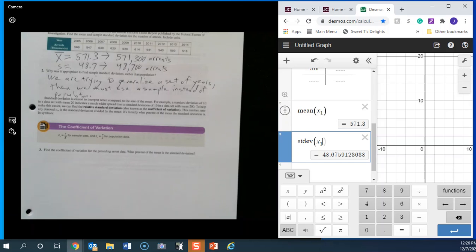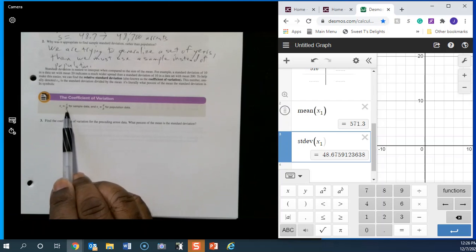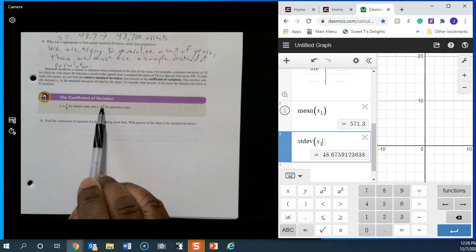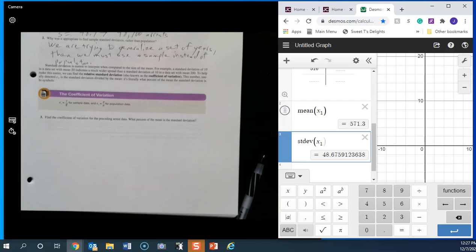This number, usually denoted C of V, is the standard deviation divided by the mean. It's literally what percent of the mean the standard deviation is. In symbol, we have C of V is equal to s over x bar. C of V is equal to lowercase sigma divided by mu for population data.